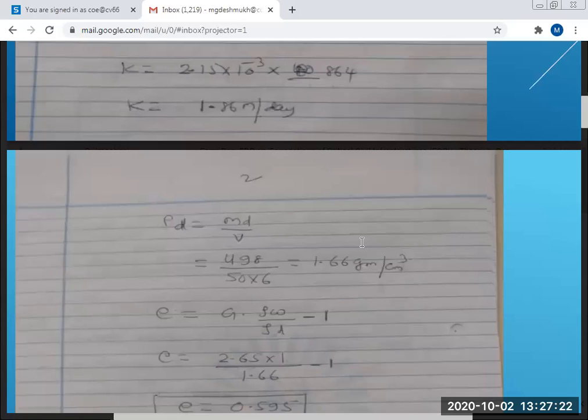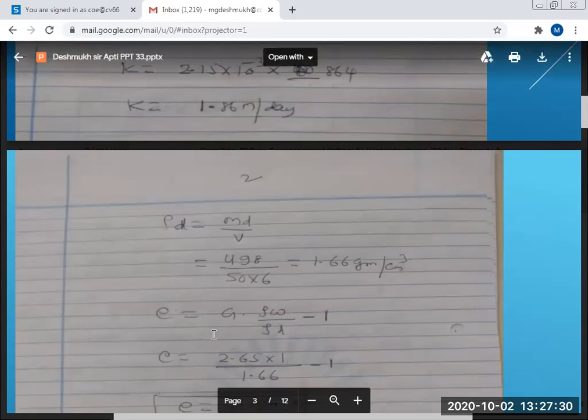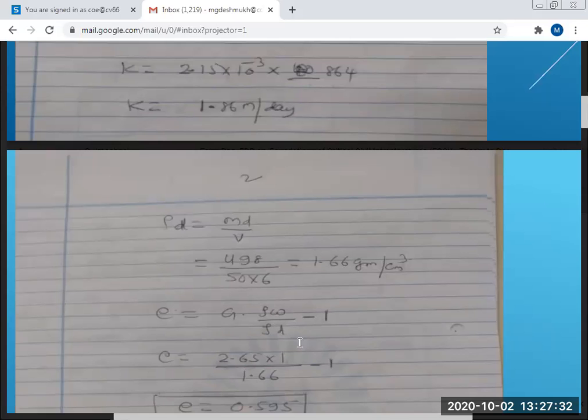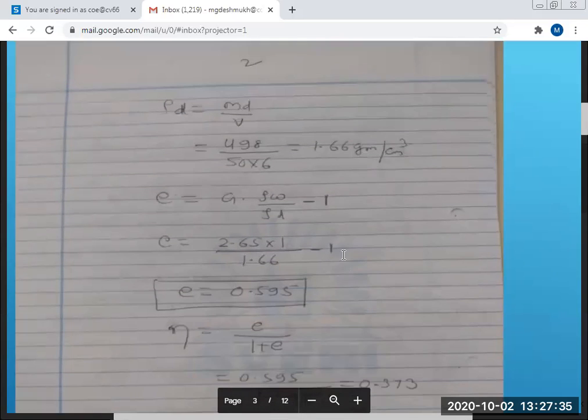This is your rho d, that is mass density. Once you get mass density, e can be found, void ratio. e is equal to G rho w by rho d minus 1.